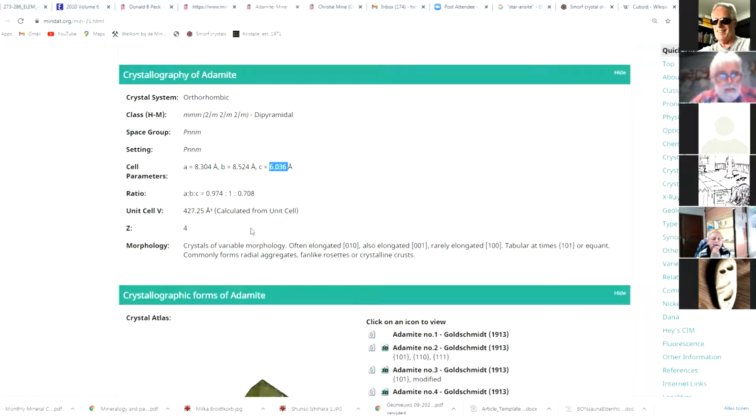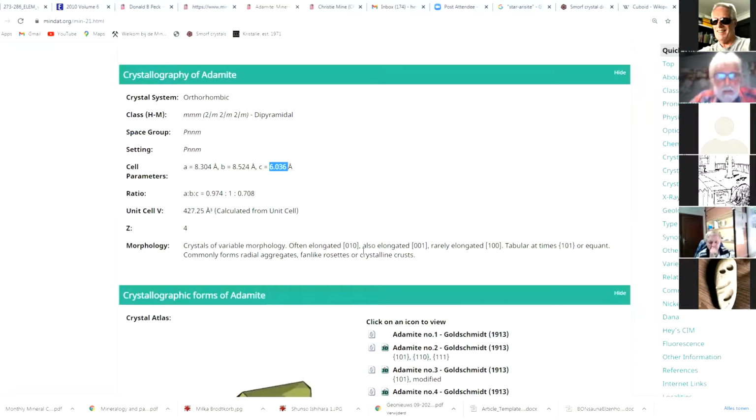And here you got a note on the morphology, which is very interesting. It says here, crystals of variable morphology, often elongated on 0, 1, 0, also elongated on 0, 0, 1. Rarely elongated on 1, 0, 0. Well, you only have 3 possibilities, right? Tabular at times with this crystal form, or equant.